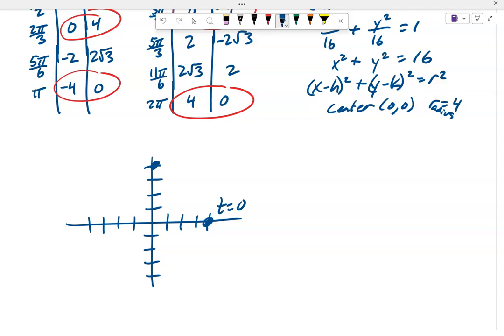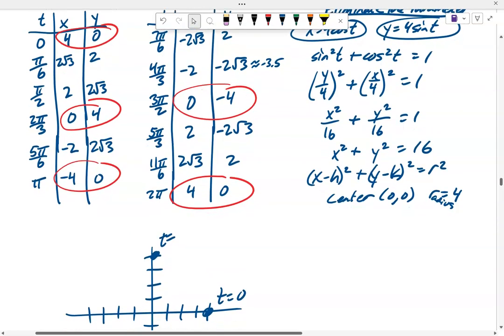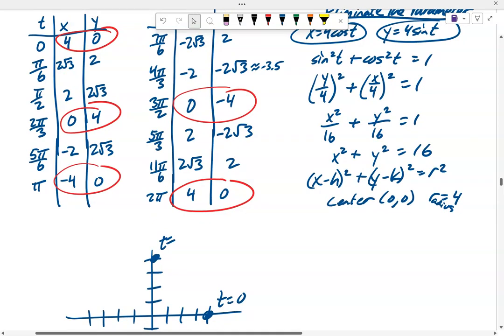And then it goes to 0, 4 for t being pi over 2. Oh gosh, I marked these wrong. Hold on, let me fix that. Yeah, sorry about that, you guys. This is pi over 3 right here. And then this right here is pi over 2. It'll be at 0, 4. And then this is the 2 pi over 3. All right.